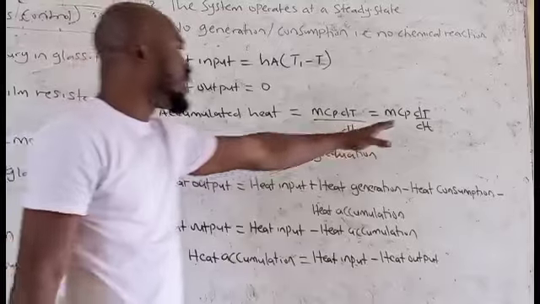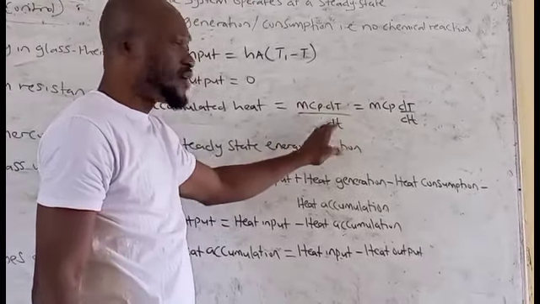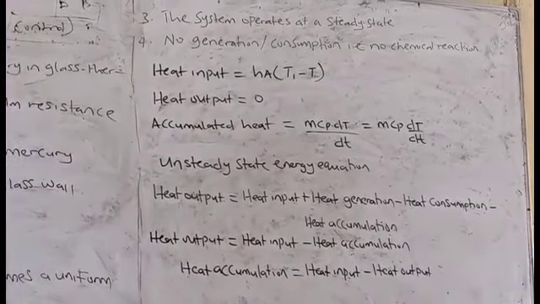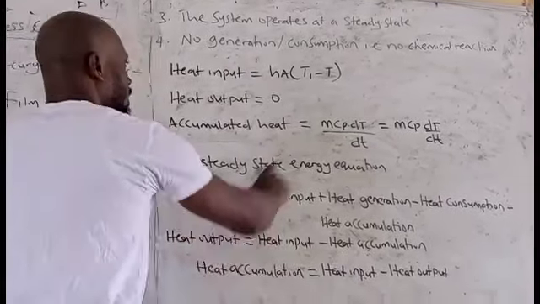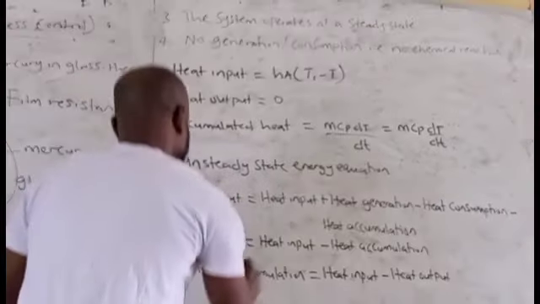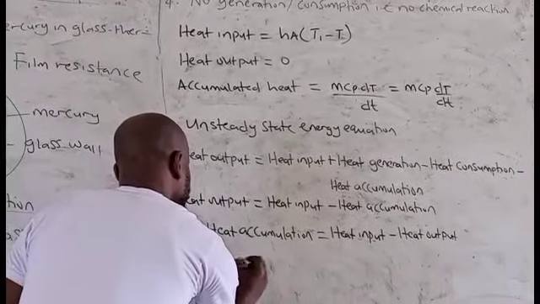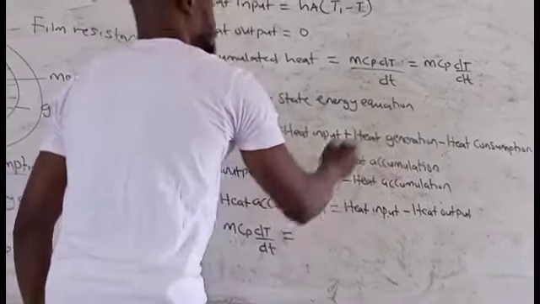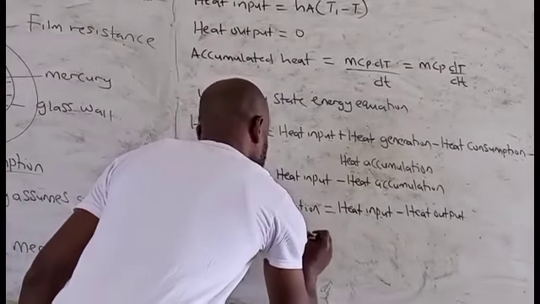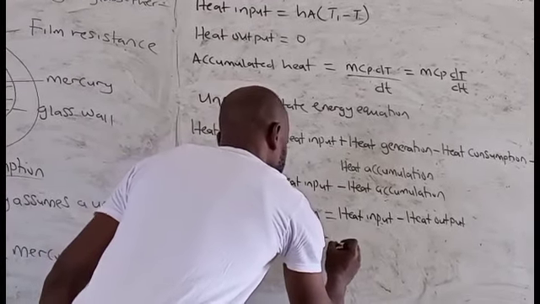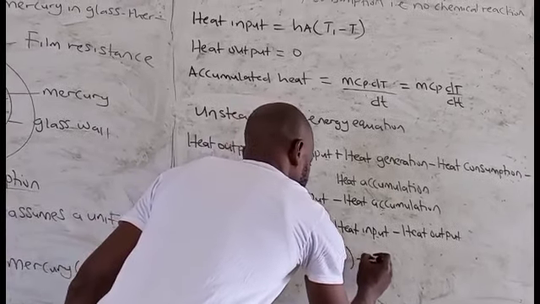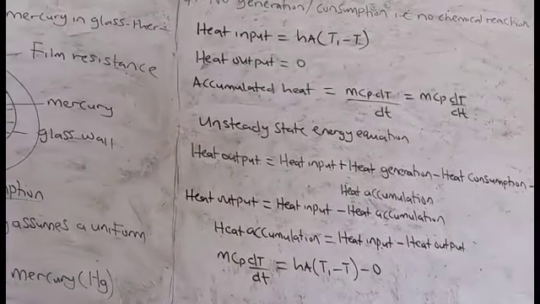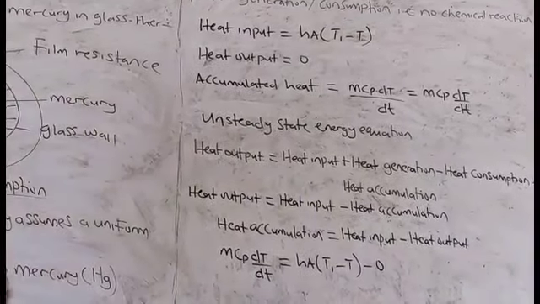If you divide this heat by time, it gives you accumulated heat. So the heat accumulation, MCp dT over small t, equals the heat input, HA into T1 minus T, minus heat output, which is zero.